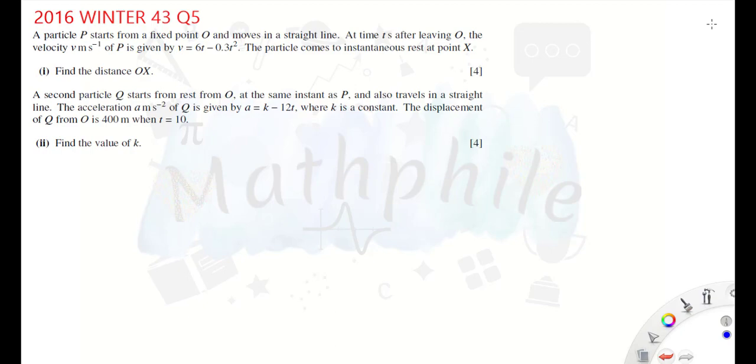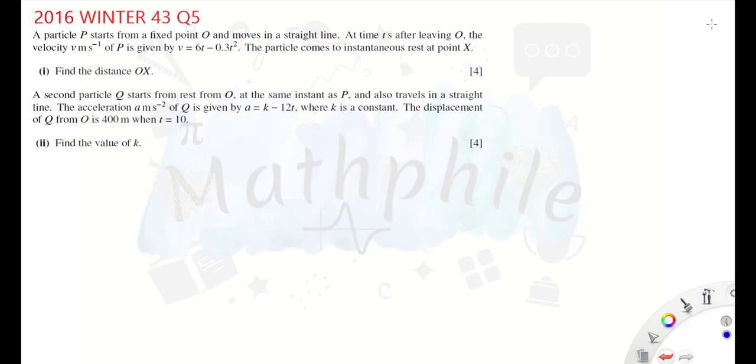A second particle Q starts from rest from O at the same instant as P, and also travels in a straight line. The acceleration a meters per second squared of Q is given by a equals K minus 12t, where K is a constant. The displacement of Q from O is 400 meters when t is equal to 10. Find the value of K.